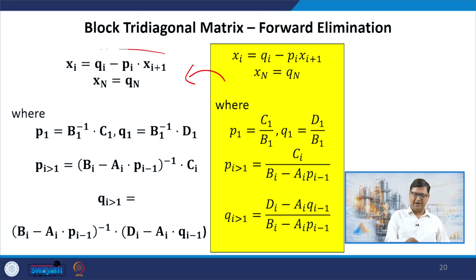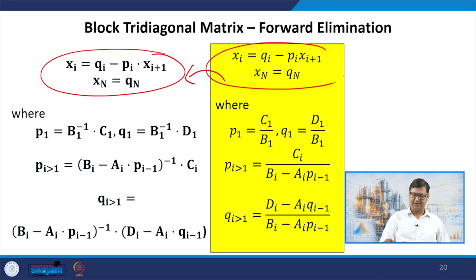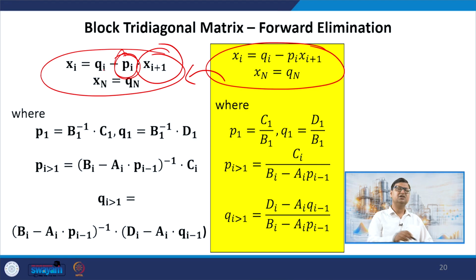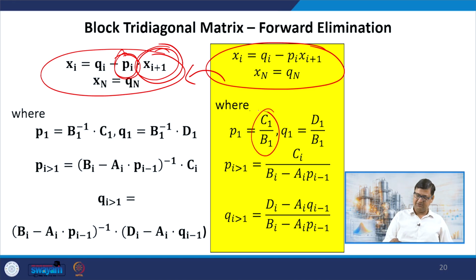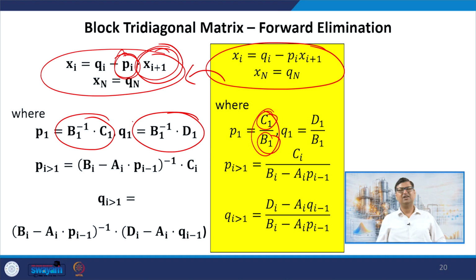So this looks quite straightforward coming from here. Keep in mind, now Pi becomes a matrix. So to get a vector from this, we have to dot with another vector, right. But in here I had C1 by B1, but now if C1 and B1 become a matrix and a vector, we cannot do a division. So what do we do? We do something like B1 inverse C1, and similarly here we have B1 inverse D1.